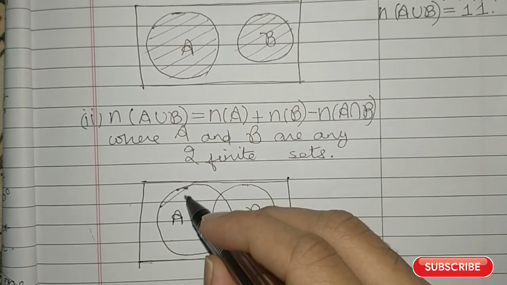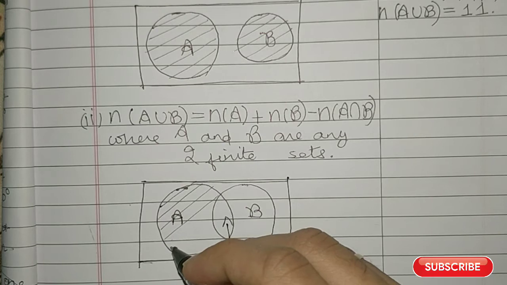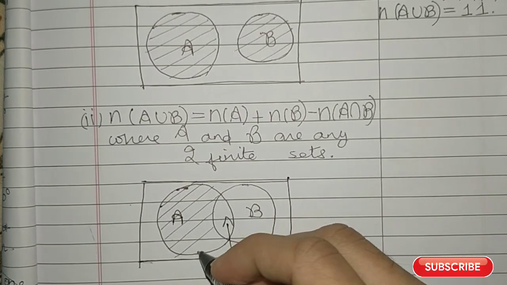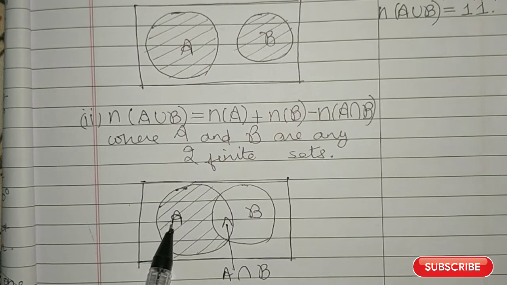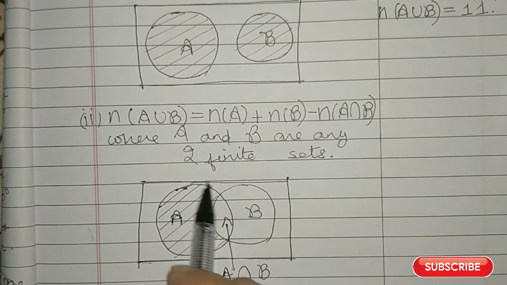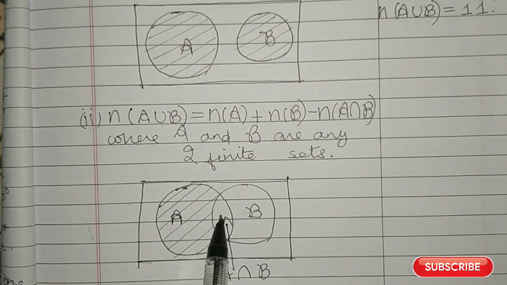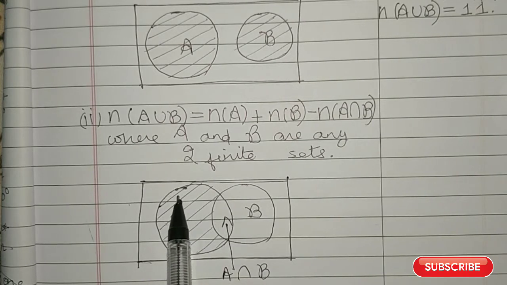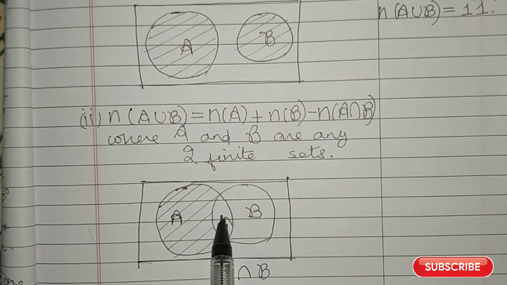Now if you look at this region, so this region which I have shaded is what? So this is A, okay, this full is A, right. Now if we remove all the elements which are the elements of B that are here, then what we will get? We are taking all the elements which are in A and which are not in B, right.